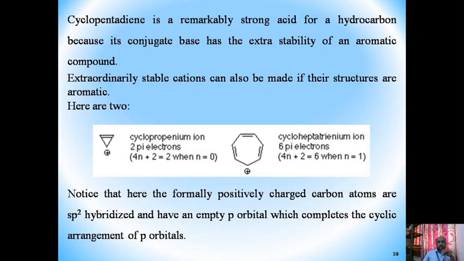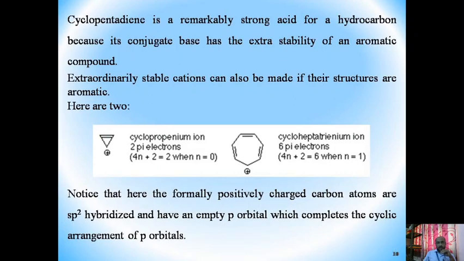Ordinarily, stable cations can also be made if their structures are aromatic. Here are two compounds, the cyclopropenium ion, which has 2 pi electrons, that is 4n plus 2 equals 2 when n equals 0, and the cycloheptatrienium ion, which also has 6 pi electrons.